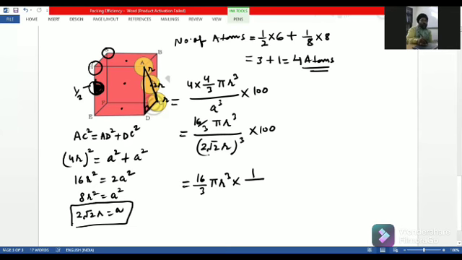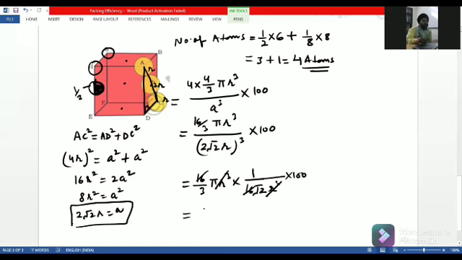The cube of 2 will be 8, and the cube of √2 will be 2√2. So you are going to get 16√2 R cube. Now we can multiply it by 100 also. We can cancel R cube with R cube. We can cancel 16 with 16.